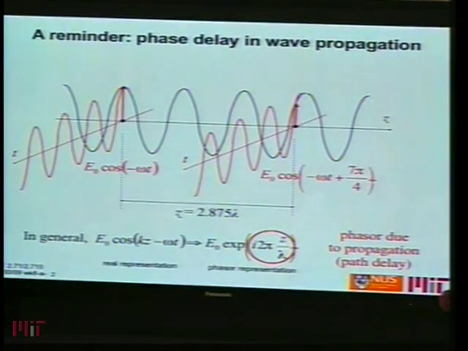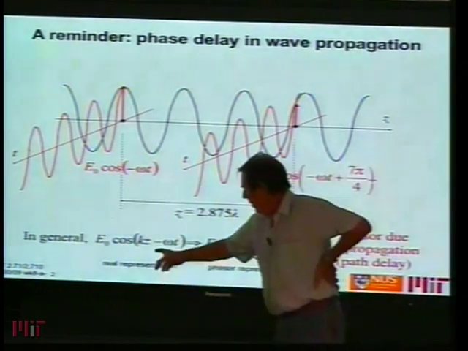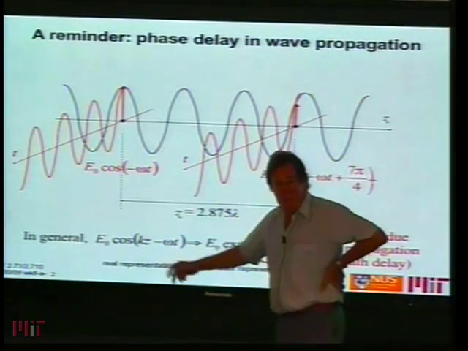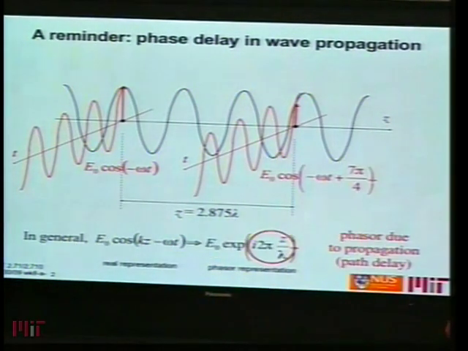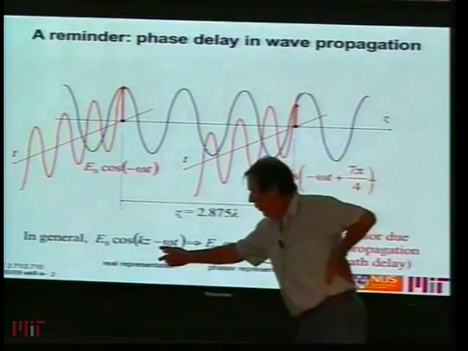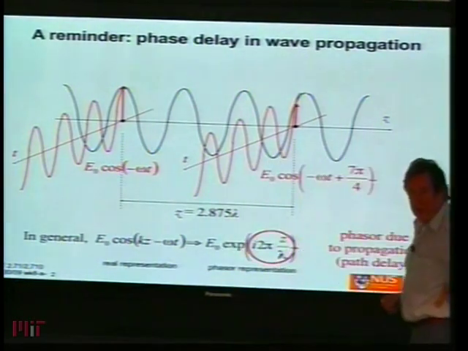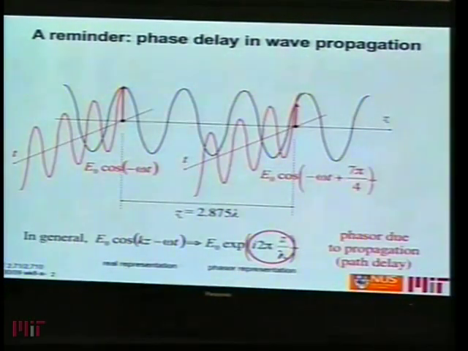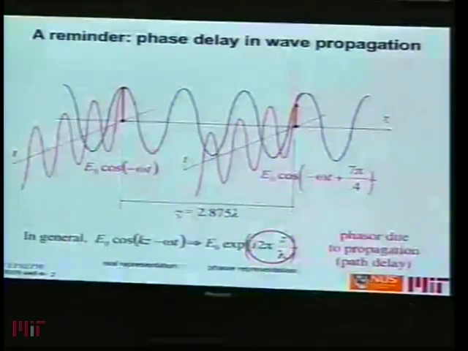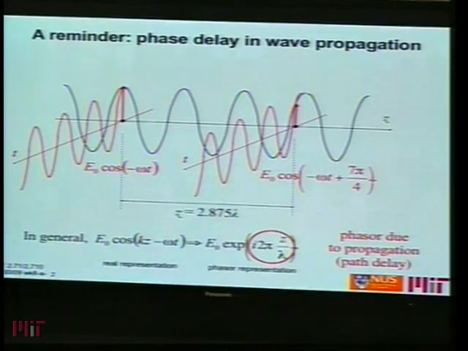Reminder here then of how you can express this wave. This is a sinusoidal shaped wave which is moving in the positive Z direction, and you can either express it in this form, which is what you would actually measure if you could really measure it, except that, as we said before, you can't really measure it because it's moving too quickly.